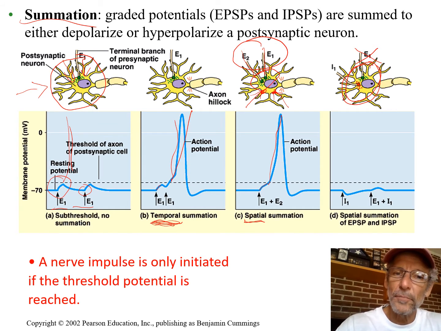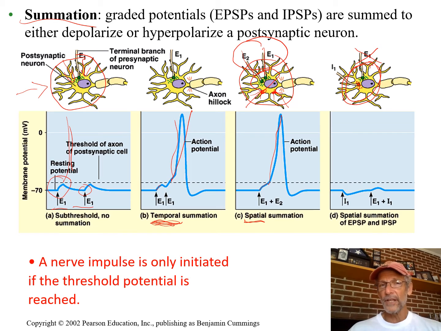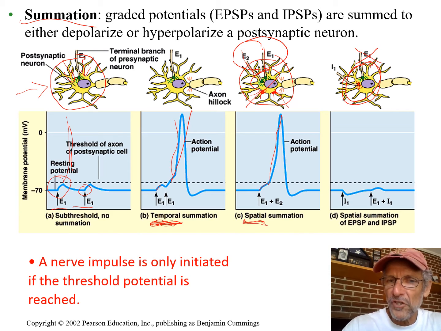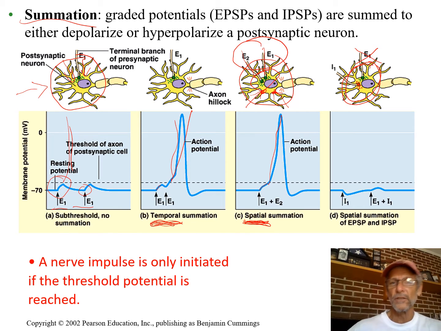And that's spatial summation. So once again, each nerve cell is like a little brain. It's got the ability to integrate all these different signals, if they come fast enough to the same place, or to different places but close enough together to where they sum up to open enough sodium gates, boom, we'll have a spike.